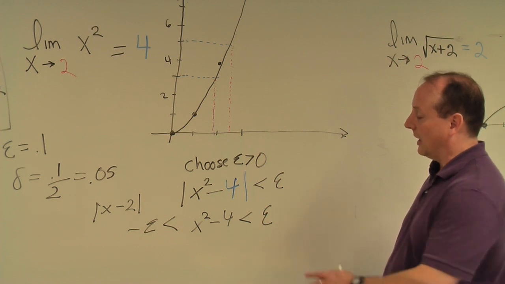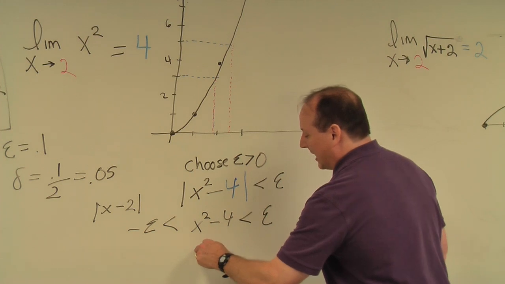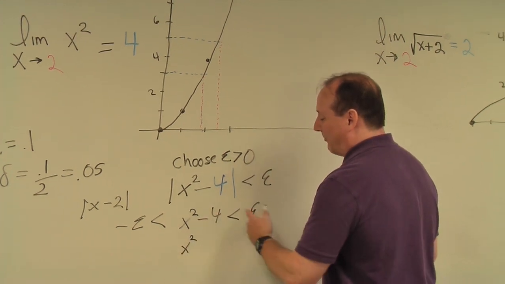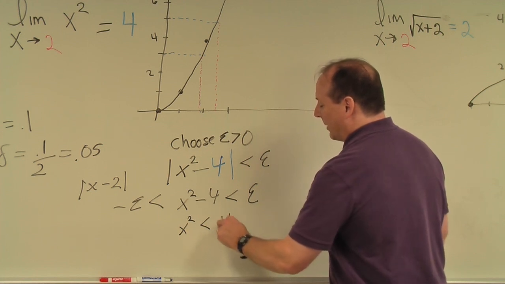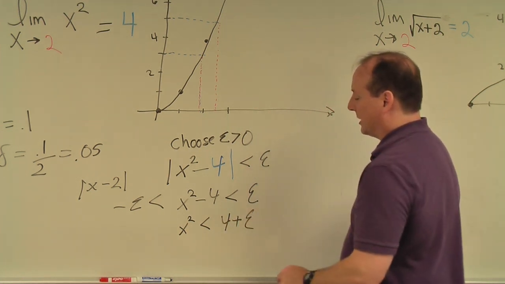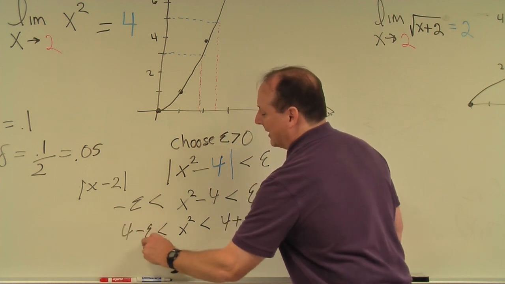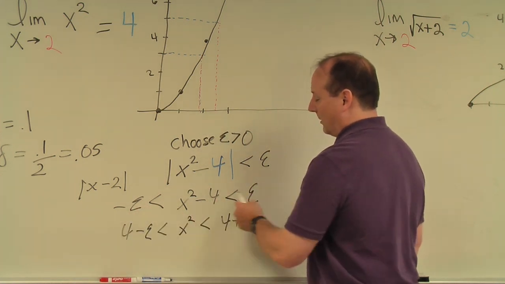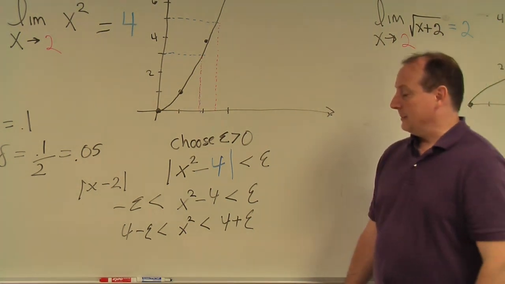Okay, and then I'm going to solve this for x. So that means I'm going to add 4 to both sides. So I'll get x squared is between 4 minus epsilon and 4 plus epsilon. And again, that was found by adding 4 to each of these things.